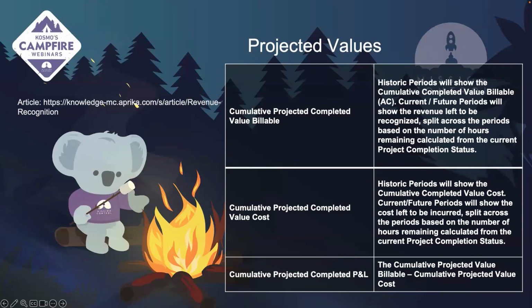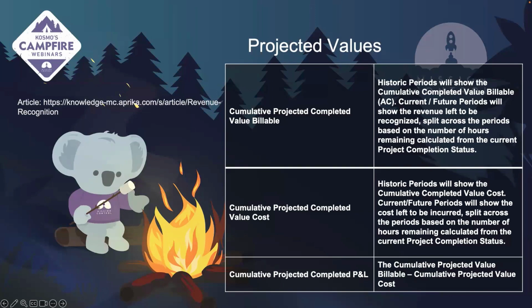This is going to show the revenue that's left to be recognized, and it's going to be split across the remaining periods, or the number of hours remaining calculated from the current project completion status.